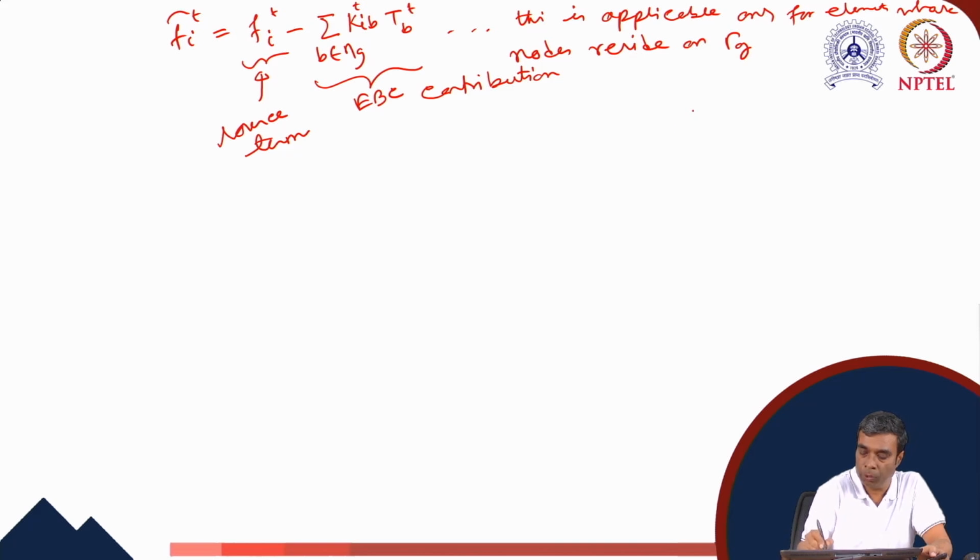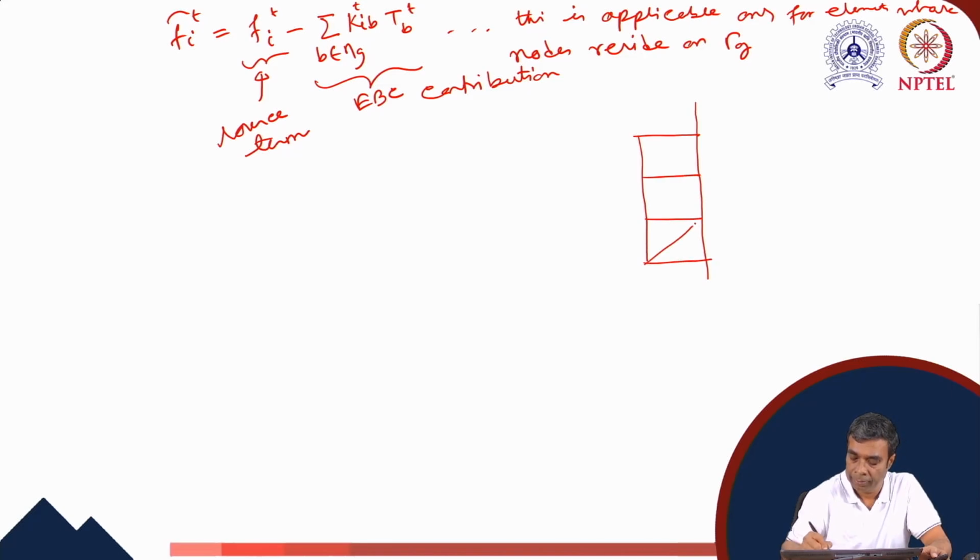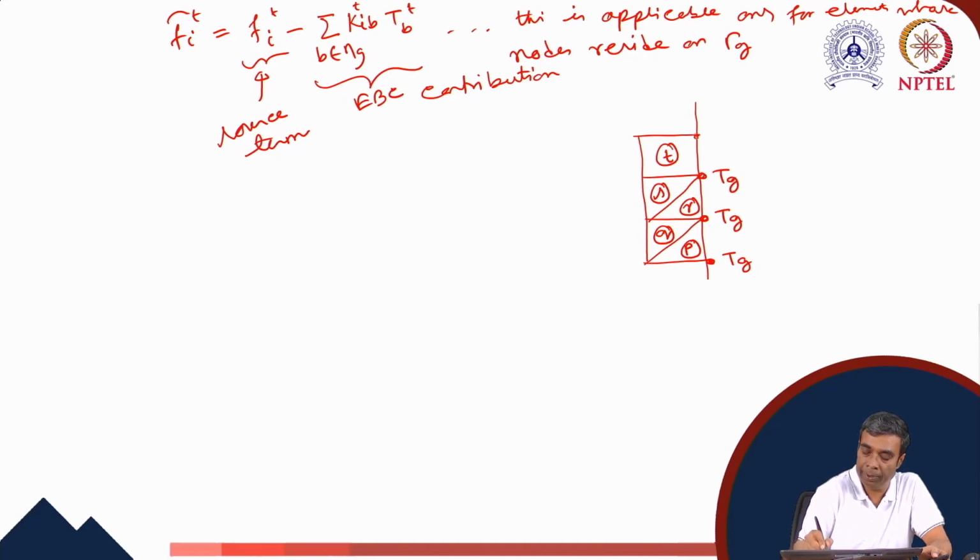Now, if we go back to the sketch with which we started our problem, these are the triangular elements we are showing. This is element P, element Q, element R, element S, element T. So here we have T given, T given, T given, T given.